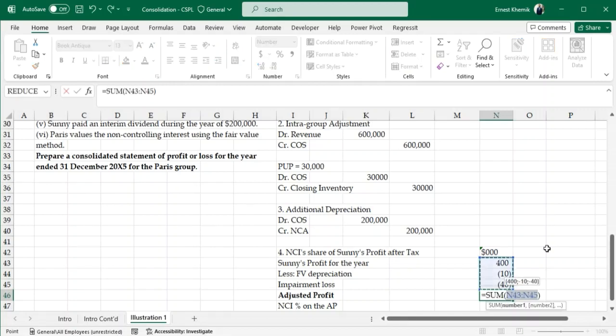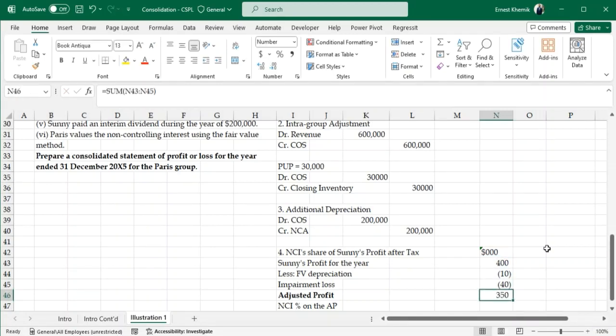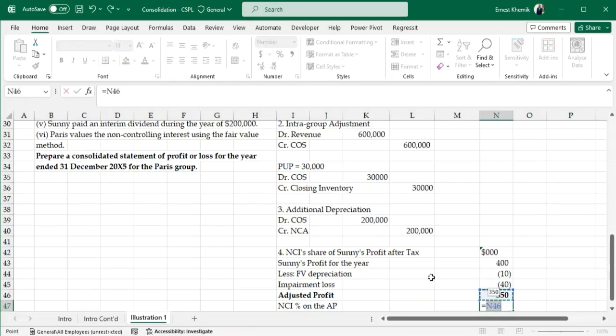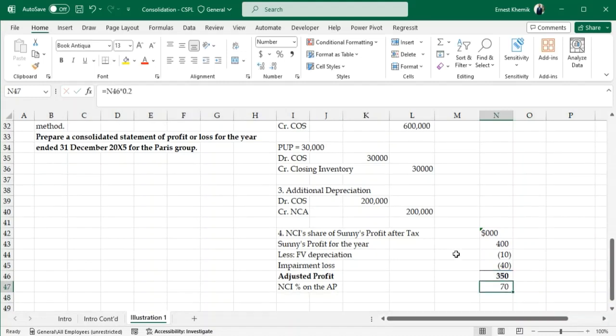I'll do my alt equals to add everything together, and that gives me $350,000. Then we are going to strike the NCI percentage, which is 20%. So I'll have my adjusted profit multiplied by 0.2, which is the NCI's percentage, and that will give me 70.